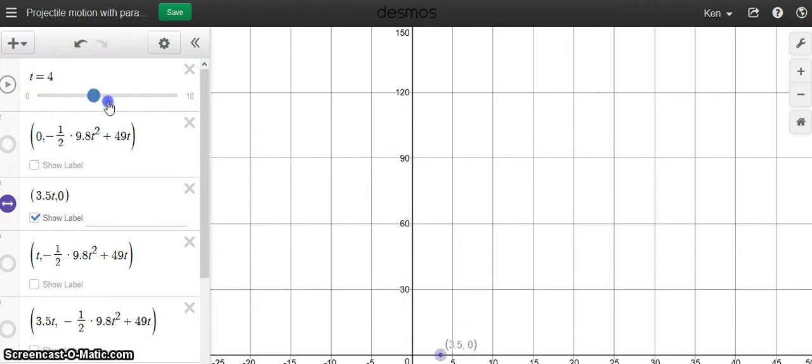So that's the height. Now when we look at both of them, the horizontal and vertical at the same time, watch what happens to the 2 points. They both go up. There we go. One's going up.